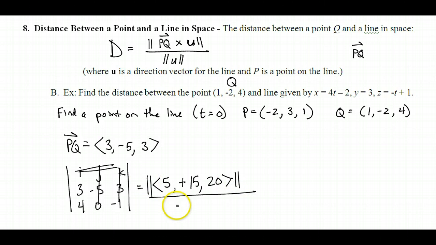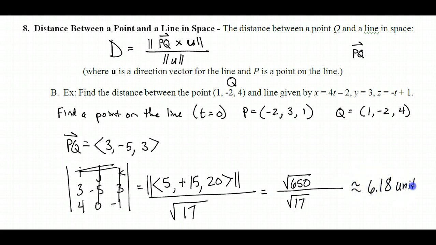Then remember, it has to be divided by the magnitude of u, our directional vector for the line. That's 16 plus 0 plus 1, so the square root of 17. The magnitude of the cross product, 25 plus 225 plus 400, gives the square root of 650, divided by the square root of 17, which is approximately 6.18 units.